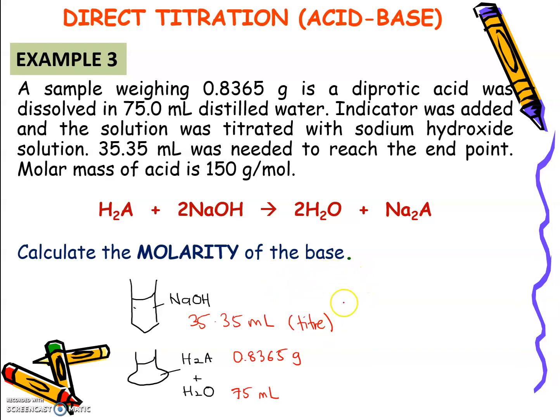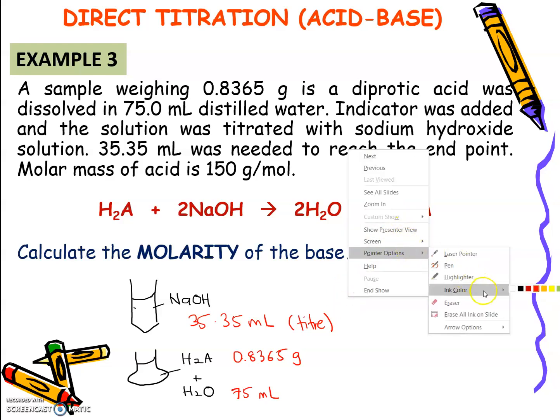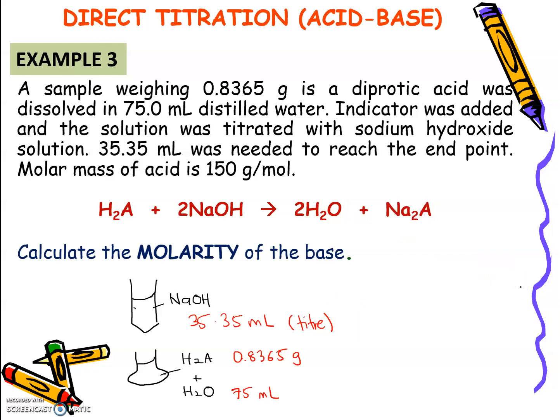Okay, so if you use method 1, the method of comparison from the chemical balanced equation, from the equation 1 mole of diprotic acid reacts with 2 mole of sodium hydroxide to form product. Okay, so to find molarity of base, we want to find the unit of mole per liter of sodium hydroxide.